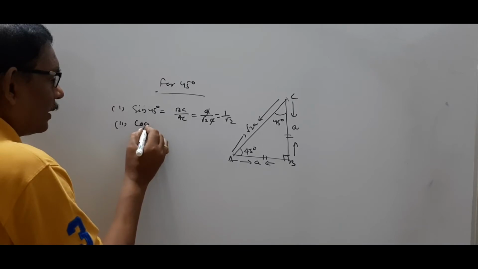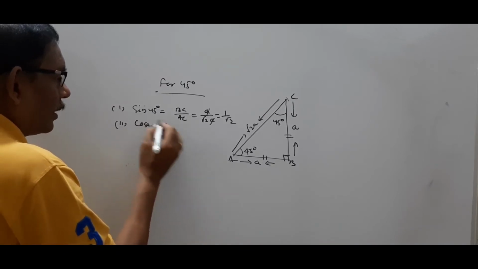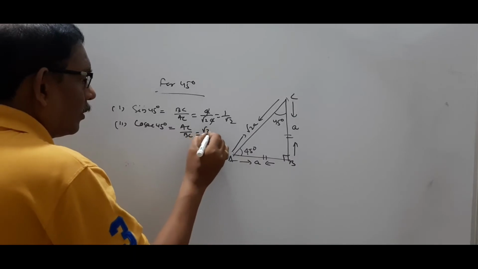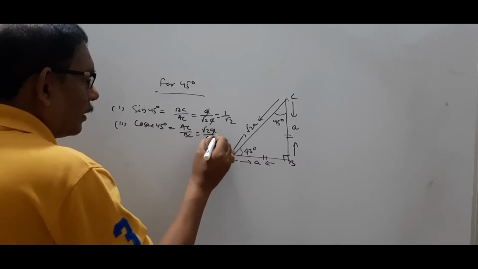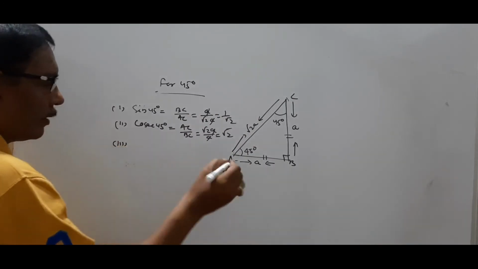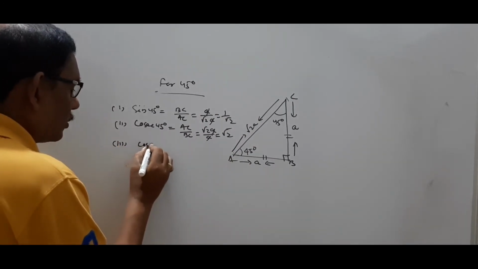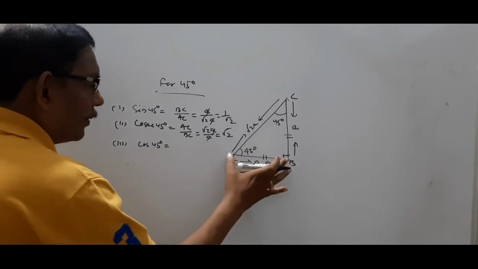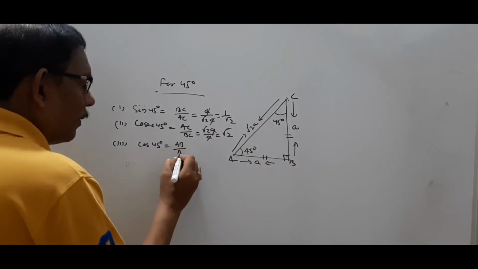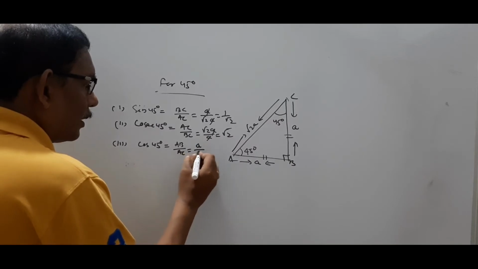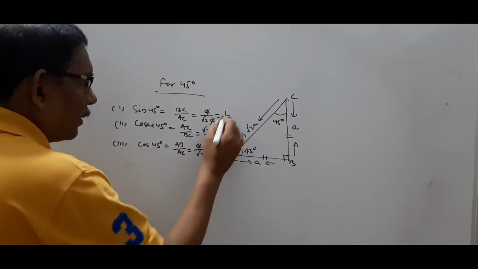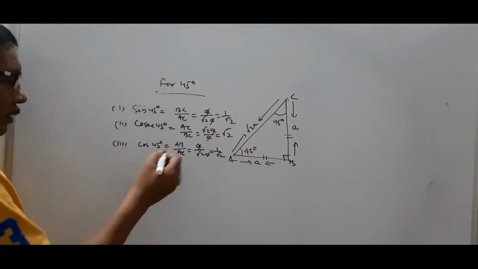Cosec 45, reciprocal of sin, root 2. Similarly, cos 45, B by H means AB by AC, a by root 2a, 1 by root 2. The same value for sin and cos.